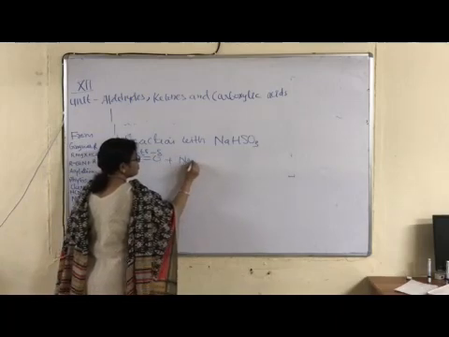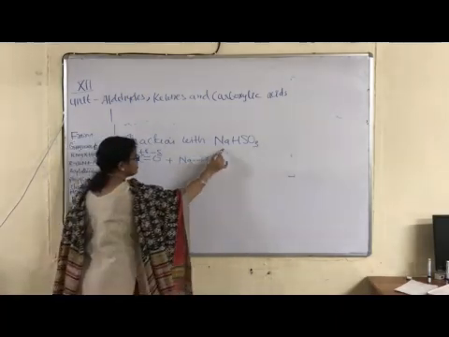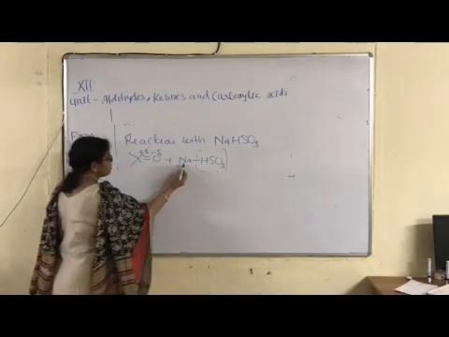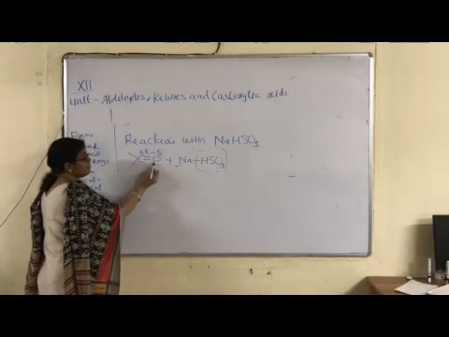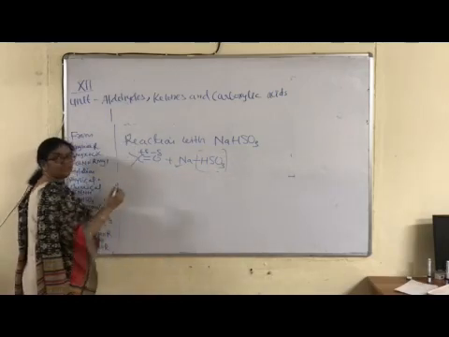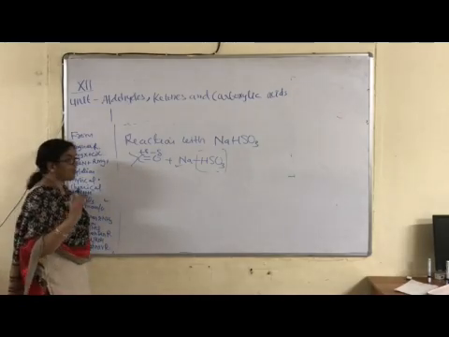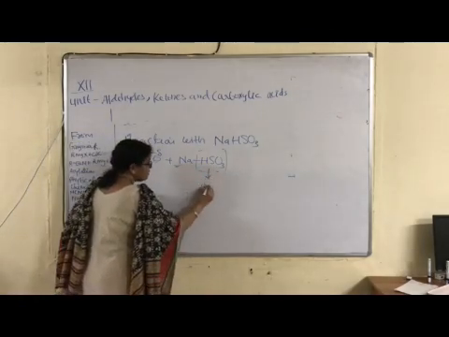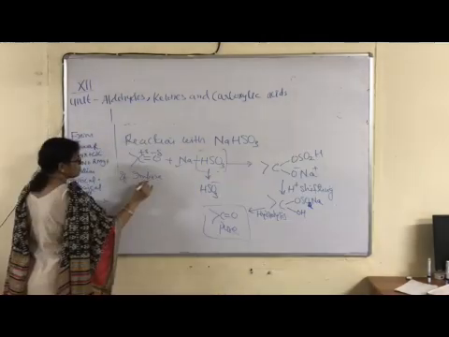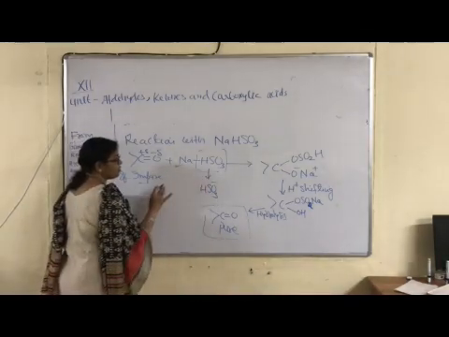NaHSO3: which part is negative? This part. Which part is positive? Sodium, right? Attachment of sodium with oxygen and this bisulfite anion with carbon, because this is nucleophilic addition. First it is attacked by the nucleophile. Here the nucleophile is HSO3 minus, the bisulfite ion.